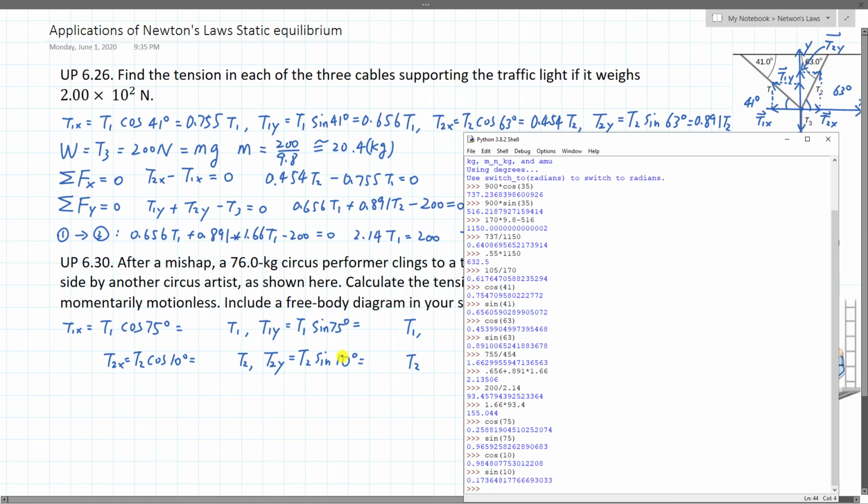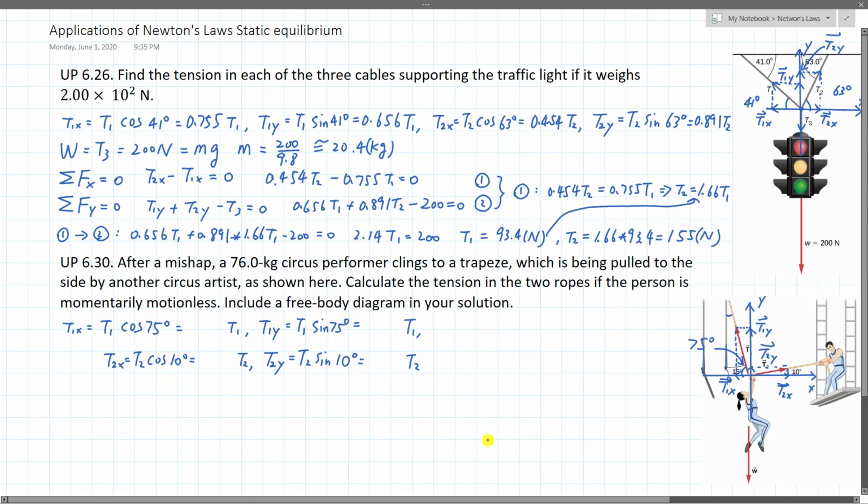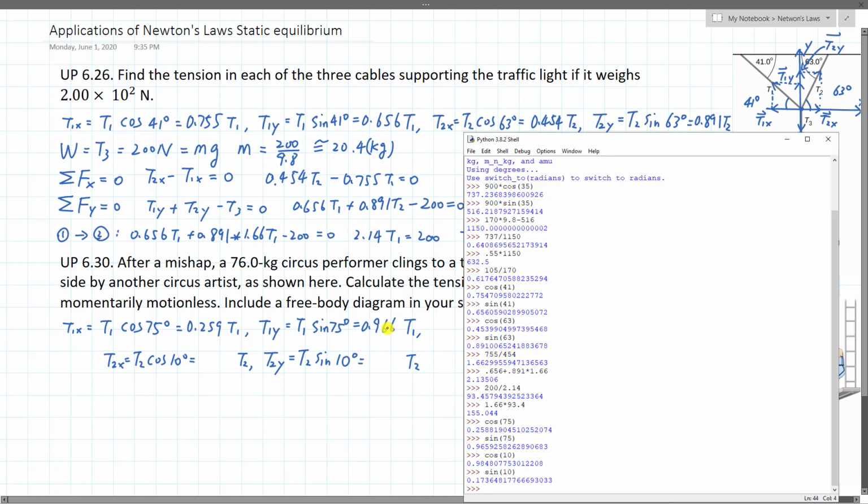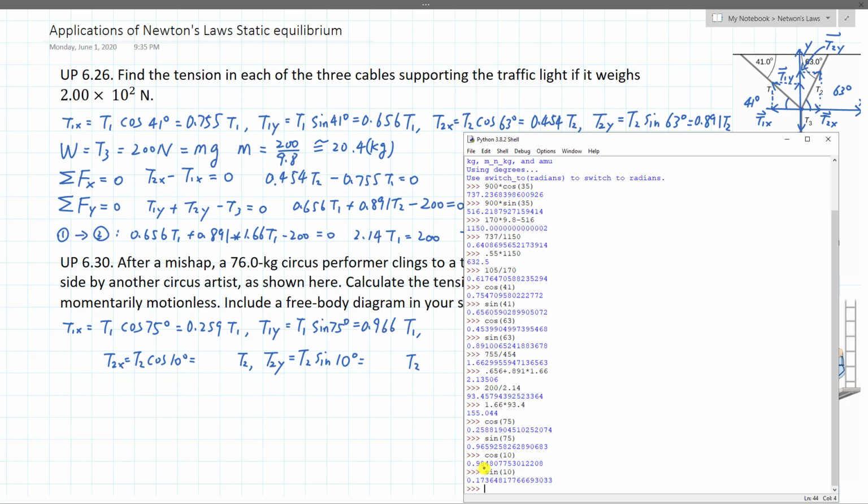Okay, I got all the values. So the 75-degree pair values: 259 and 966. And the 10-degree angle pair values: 985 and 174.